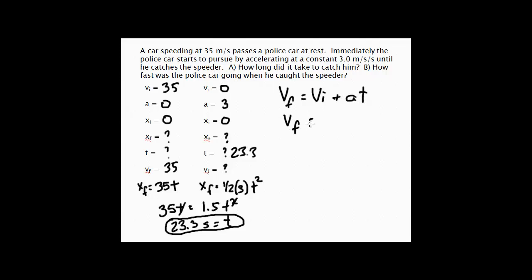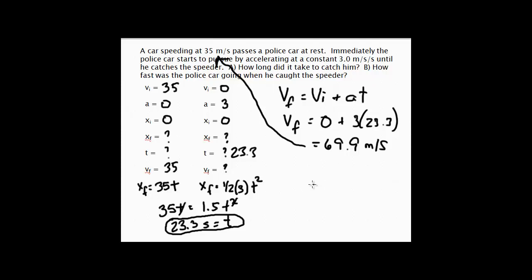So his final velocity will be 0 plus 3 times 23.3, which is 69.9 meters per second, which you'll notice is about twice as fast as the speeder was going. So the police officer really has to get up to a much higher rate of speed in order to catch him. And so that's really the algebraic way of doing it.